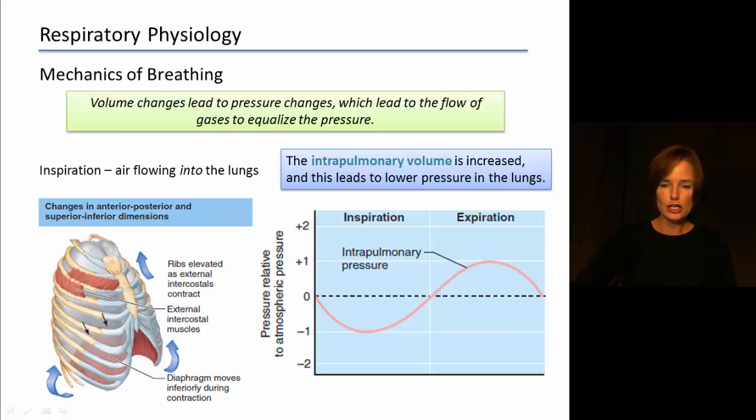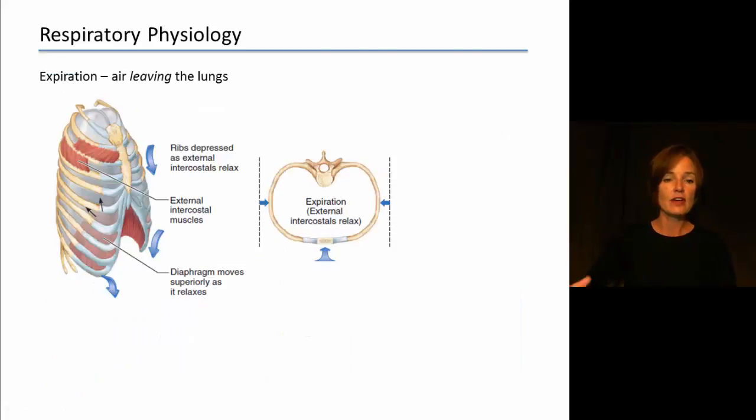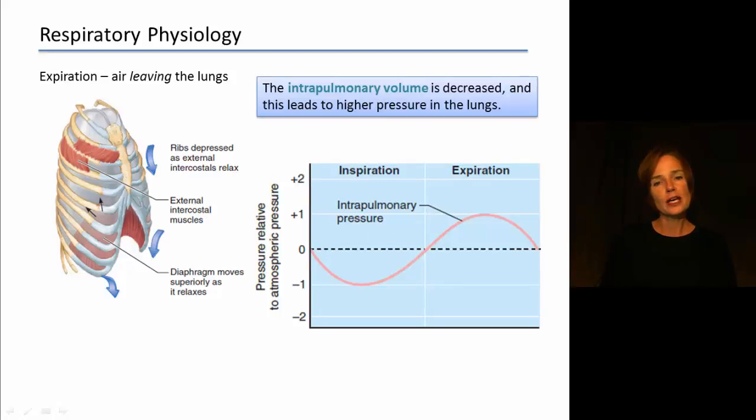Now, after inspiration, we have expiration. Expiration is where the air is leaving the lungs, and we get a relaxation where we get a decrease in the volume. So the intrapulmonary volume goes down during expiration, and that leads to a higher pressure in the lungs.